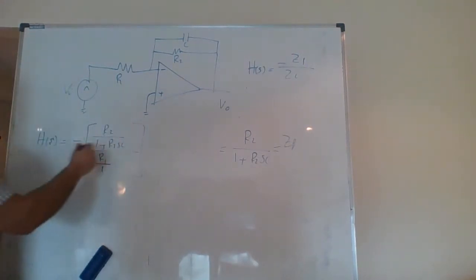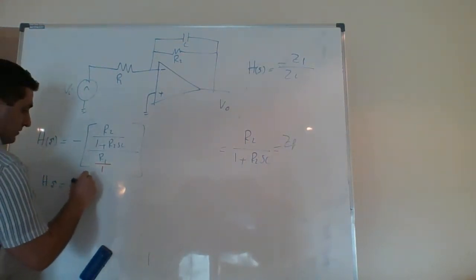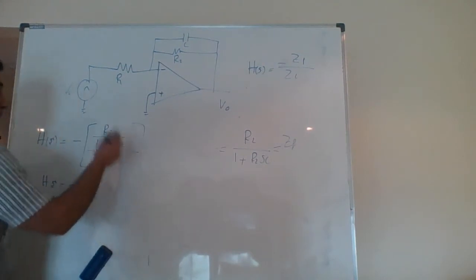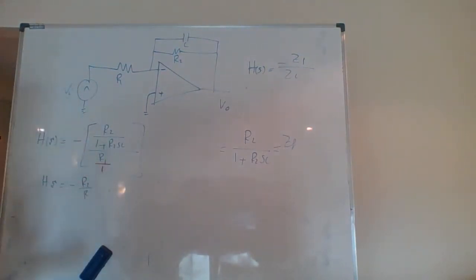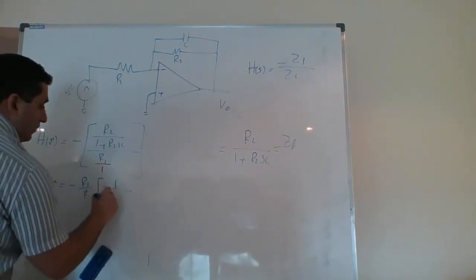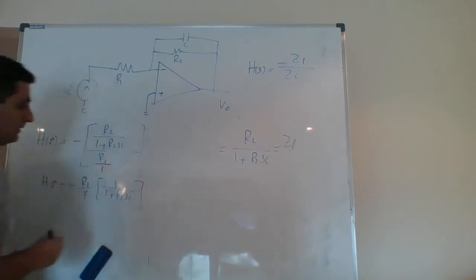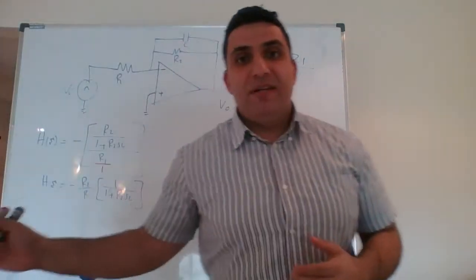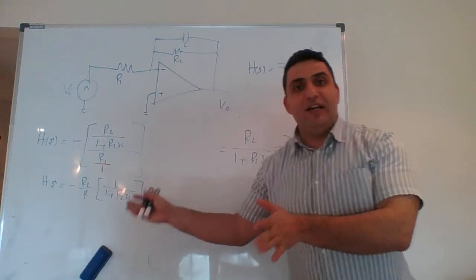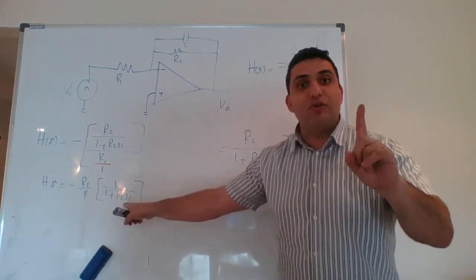Replace it. So now I can take H of S on the outside. It's equal to minus R2 over R1, multiplied by 1 over 1 plus R2 SC. Do you remember from the RL, RC and RLC chapters? I need to take this S and put it on its own.